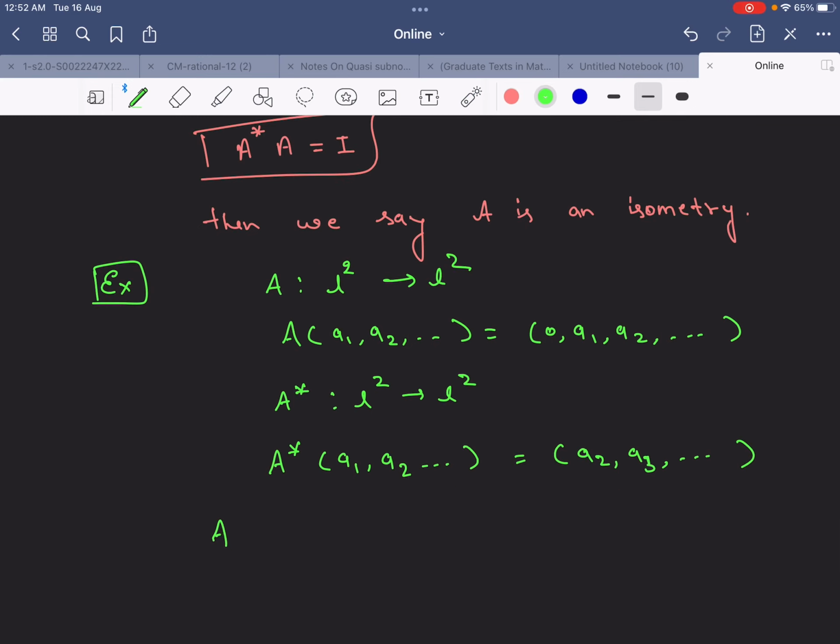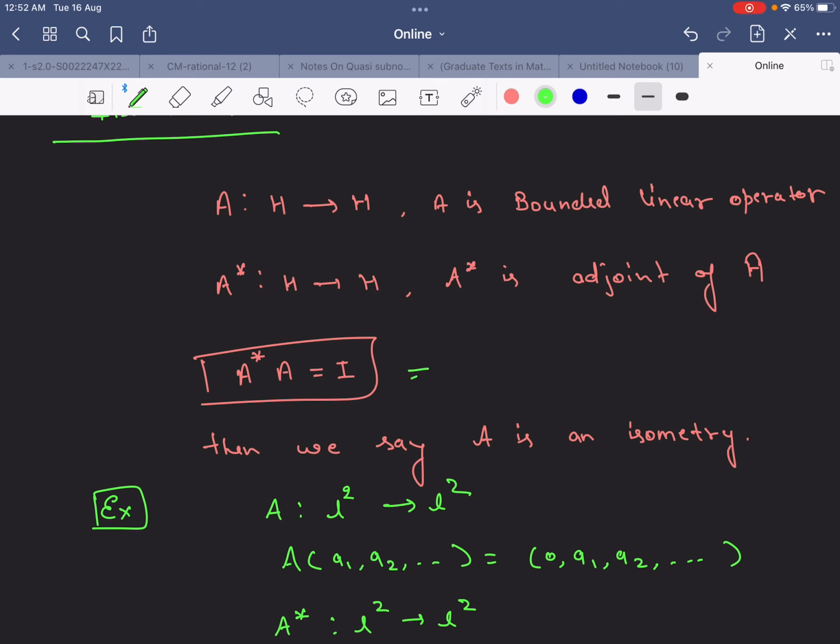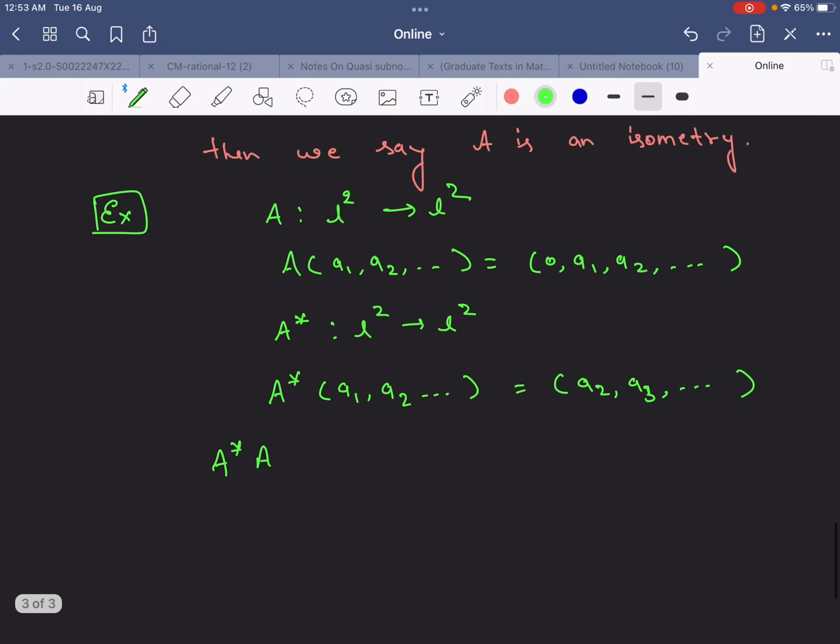Now if we check A star A, this means A star A x is nothing but x for all x belonging to H. In this case, if you take (a1, a2, and so on), first you apply A, then we will see that this is nothing but (0, a1, a2, and so on).